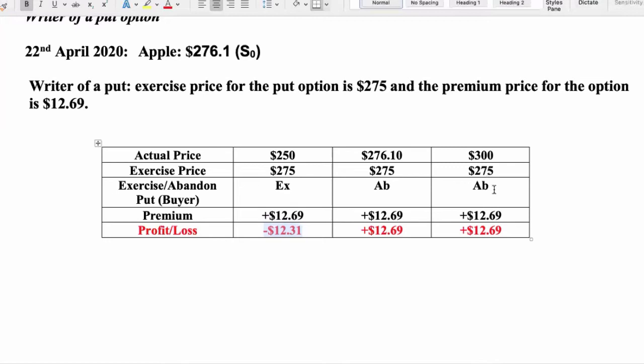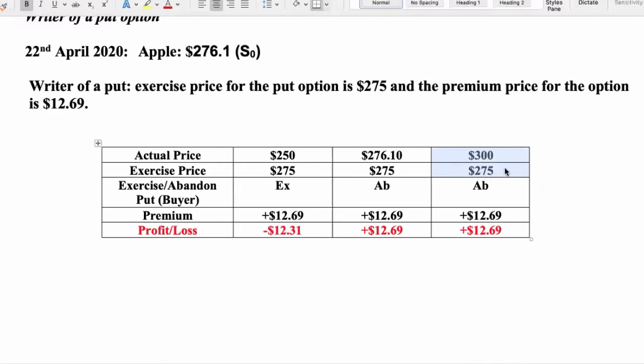And because the buyer abandoned that option, the writer is quite happy with that because it means they can keep the premium of $12.69. The buyer doesn't owe the $25 to the seller because the buyer has the right but not the obligation. So they have the right to exercise, but they're not obliged to exercise because they have the option. So they opt away from it and they let the writer just keep the $12.69.